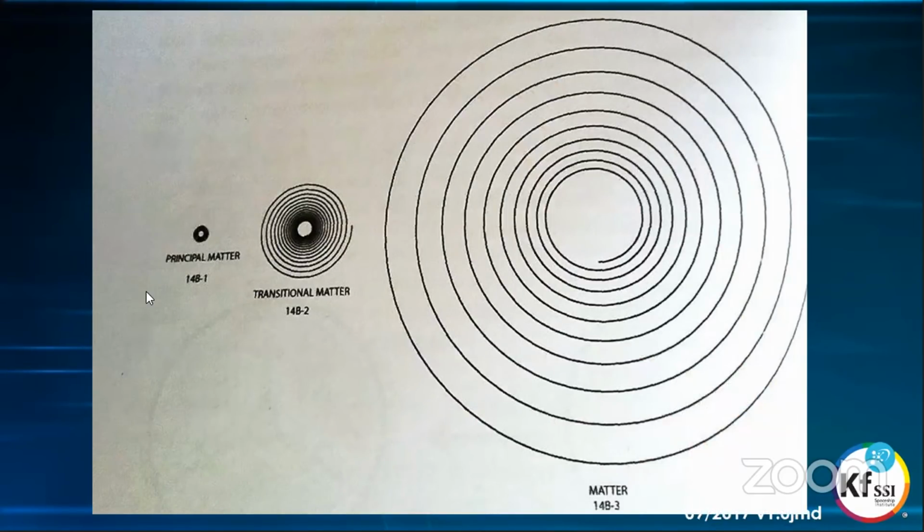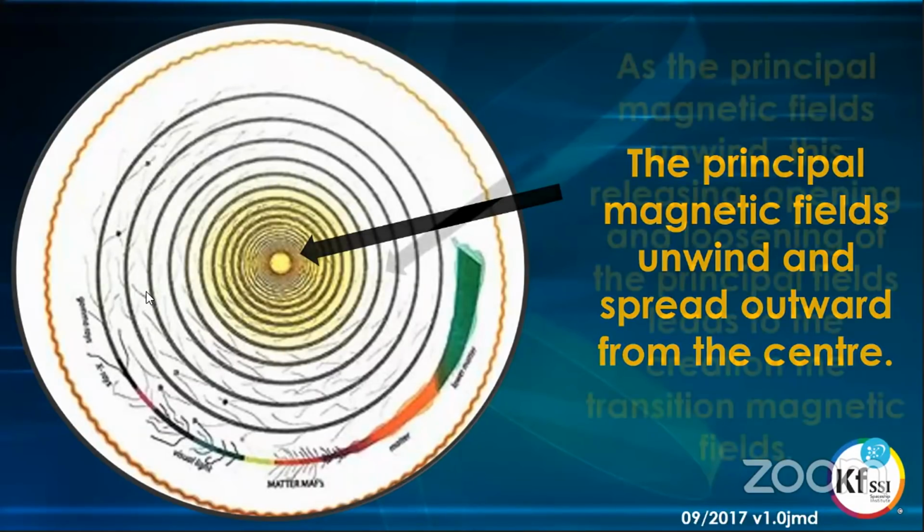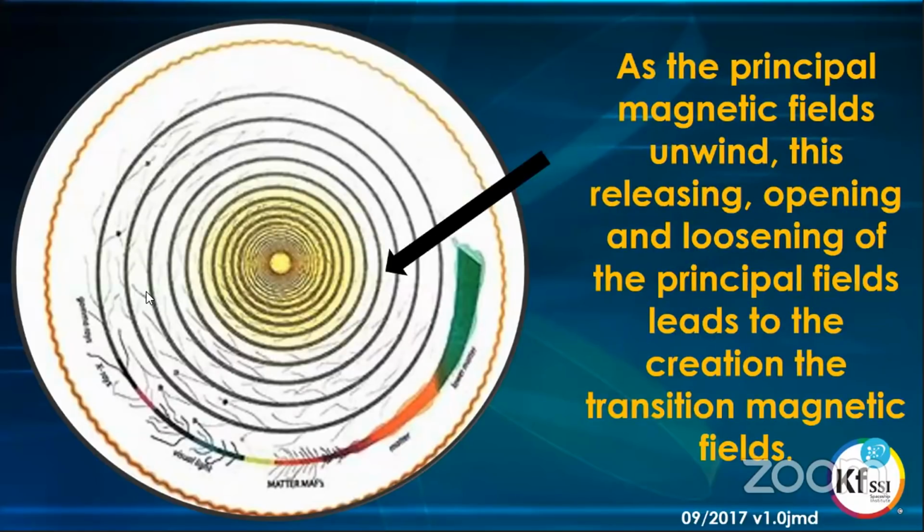Now, as we move out from the center point, the principal magnetic fields unwind and spread outwards from the center, just like a spring would. And as these principal fields unwind, it's this releasing, opening, and loosening of these fields which leads to the creation of what we call transition magnetic fields.